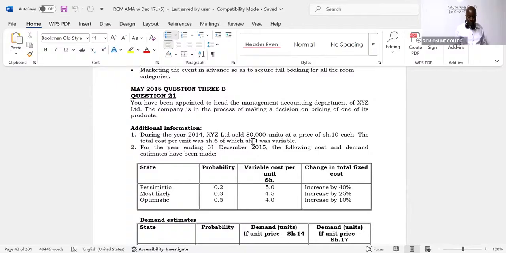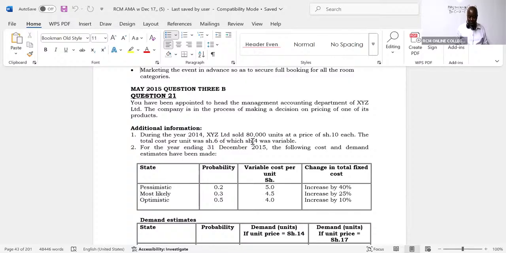A good student should be able to use the current output to give us total fixed cost. Is there somebody who is able to see the total fixed cost? They have given me the total cost per unit, which is 6, and then 4 is variable, so meaning that fixed is 2.